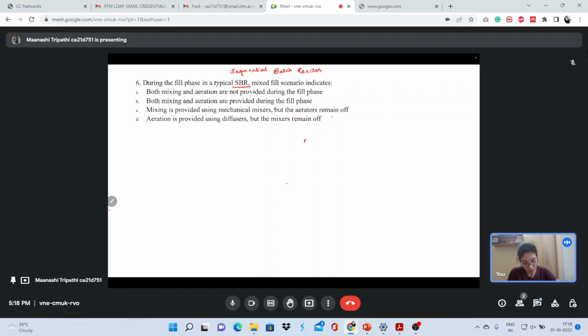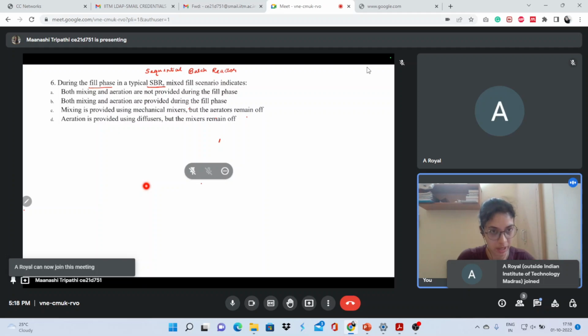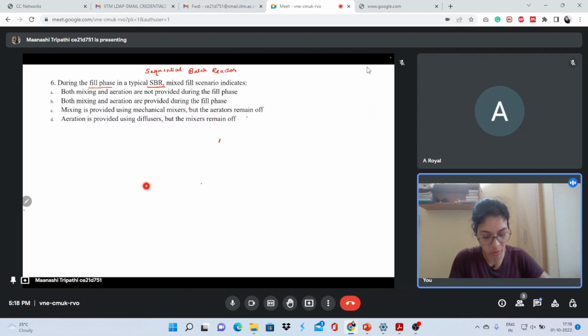So, fill phase in a typical SBR, mixed fill scenario indicates, what do you mean by fill phase? Both mixing and aeration not provided, or both of them are provided, or mixing is provided using a mechanical mixer but the aeration remains off, or aeration is provided. So what do we do in the fill phase in a sequential batch reactor?